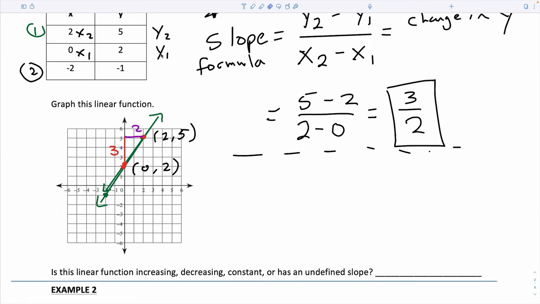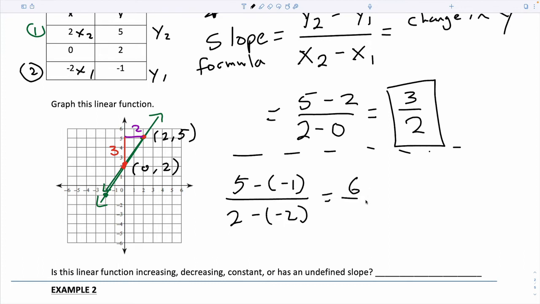Let's make this value y1 and that x1. 5 minus negative 1 over 2 minus negative 2. This is 6 over 4. Is that 3 over 2? It could simplify to 3 over 2. So this works as well. You could use any point that's in your table of values.